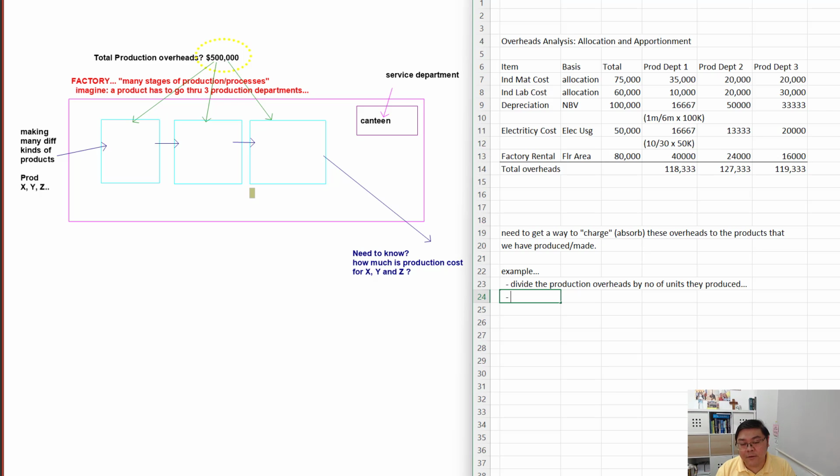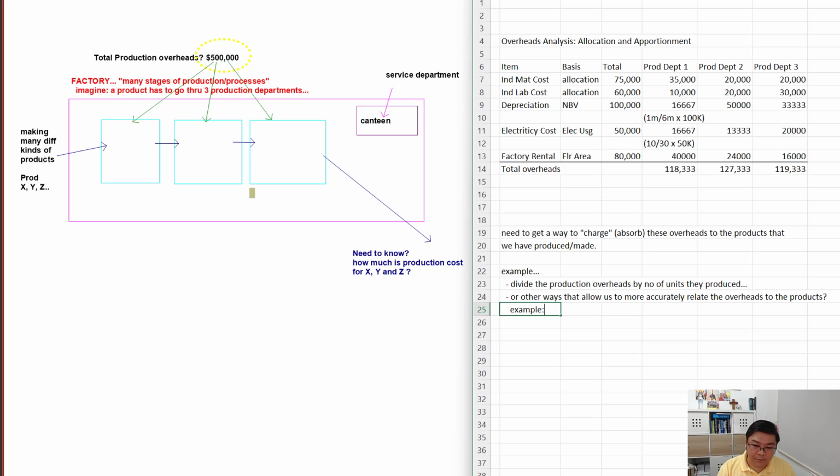So what we should do is to get something better, so that we could more accurately relate the cost to each product. Is there any way that allows us to more accurately relate the overheads to the products?